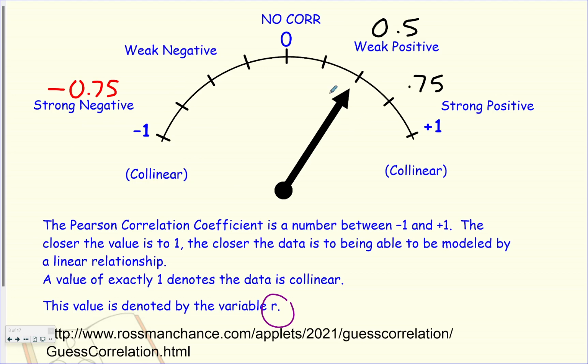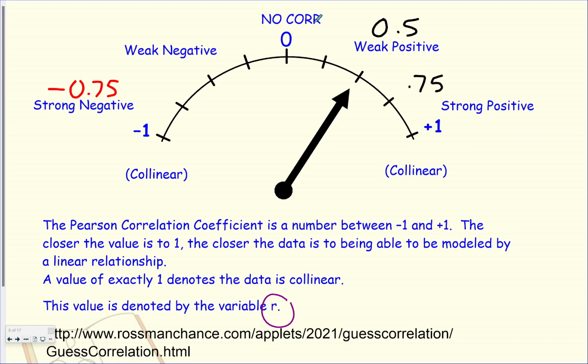And if the value is really close to 0, it means you've got a big puff cloud of data. The closer the data gets to 1, the closer to a line, or rather the closer to your chosen regression model the data is.